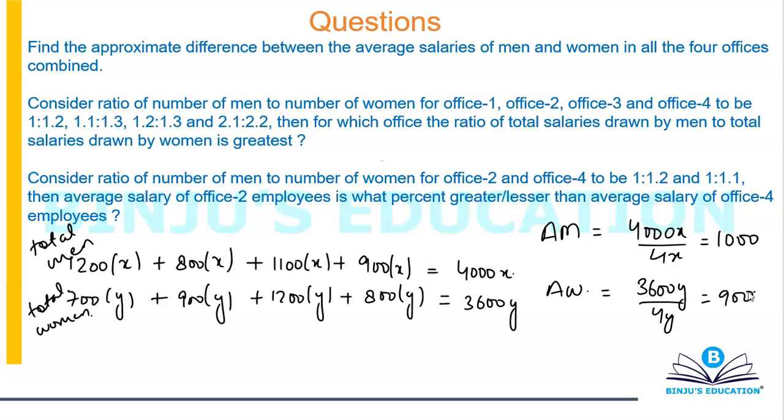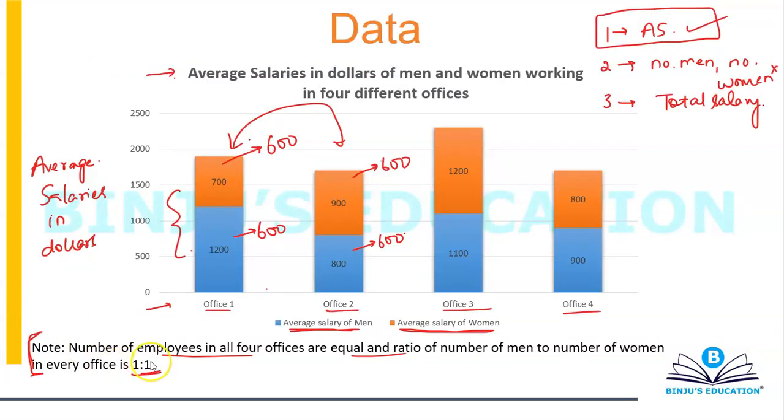Now understand, if in this note section it was only given to me that the ratio of number of men to number of women in every office is 1:1, see, I want you to understand this note.